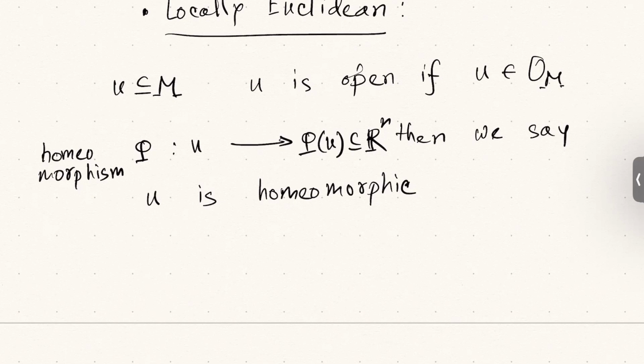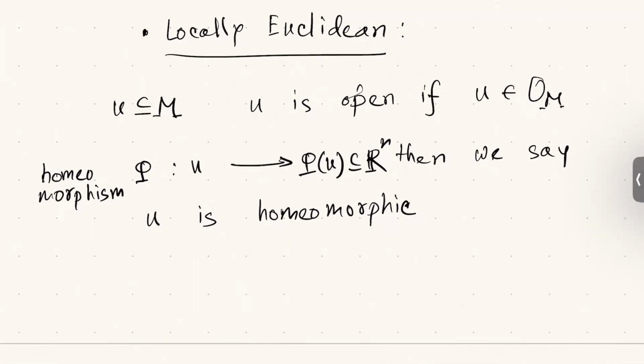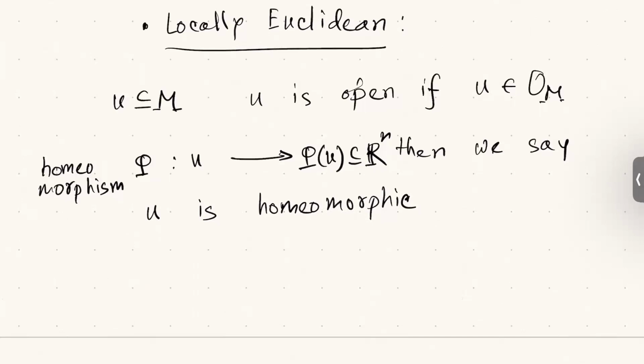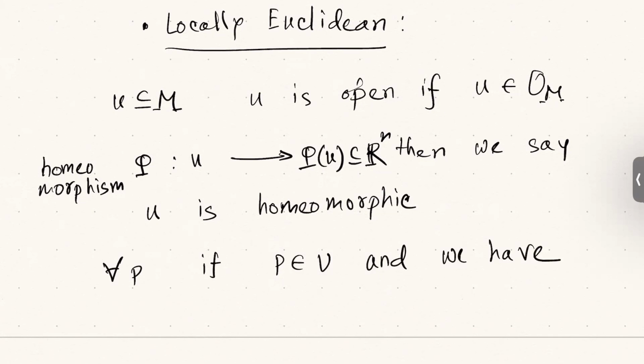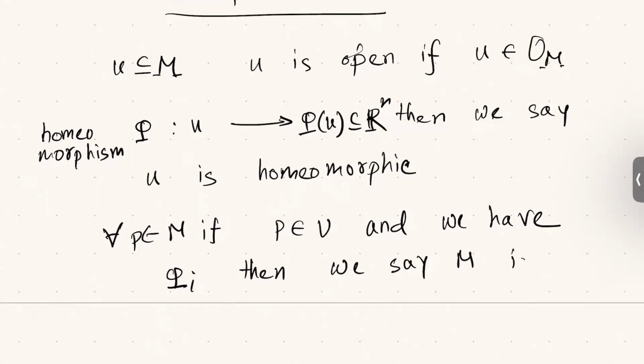Okay, and if I can do this for all the points P, so for all P, if P belongs to U_i and we have phi_i, then we say it is locally Euclidean.